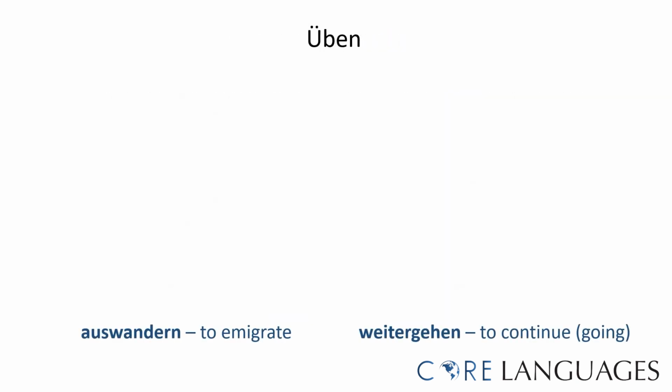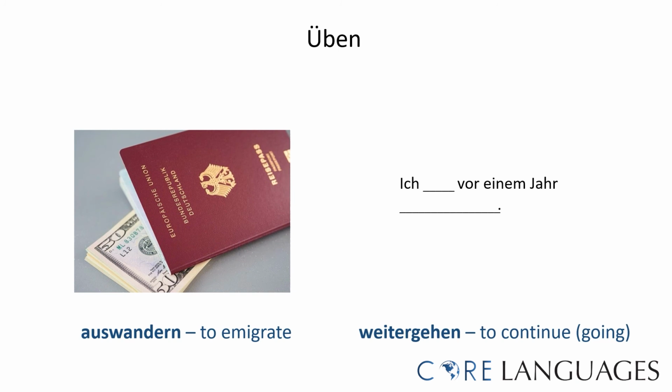Let's practice. Üben wir. Try to complete the following two sentences by choosing between auswandern, to emigrate, and weitergehen, to continue, in the present perfect. Ich vor einem Jahr.